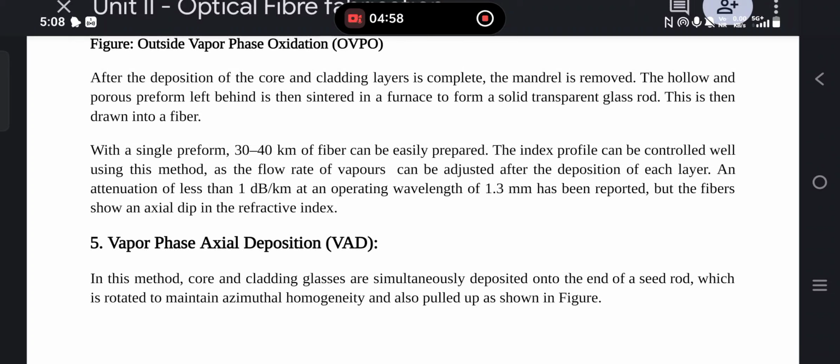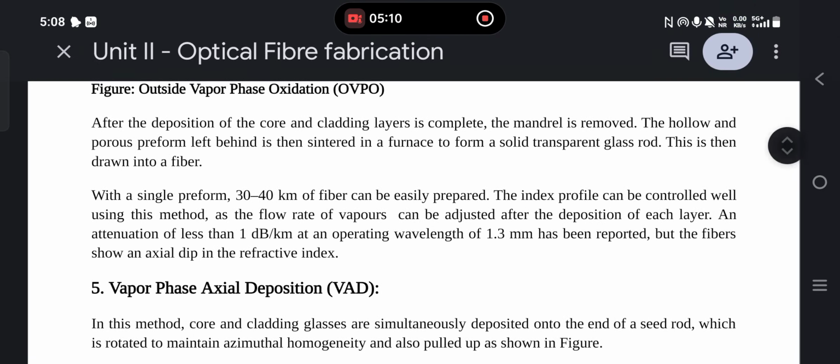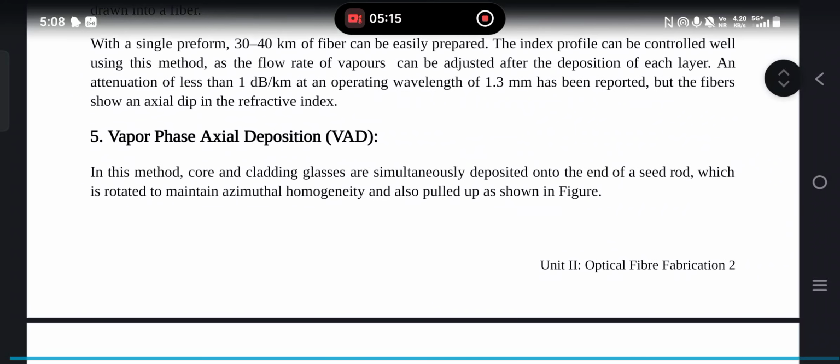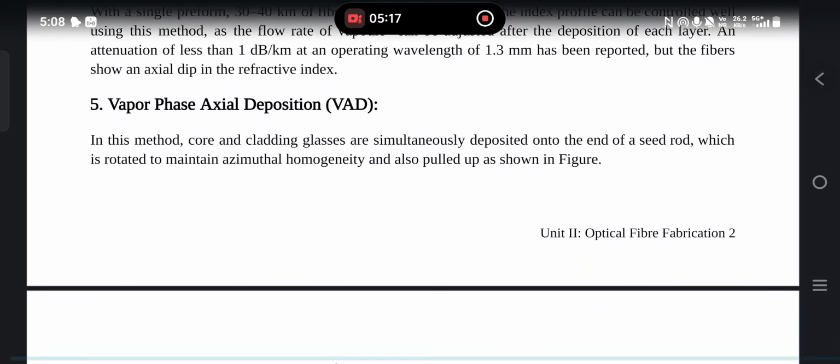So these are some characteristics, or features, of the optical fiber fabricated by this method, OVPO, outside vapor phase oxidation.